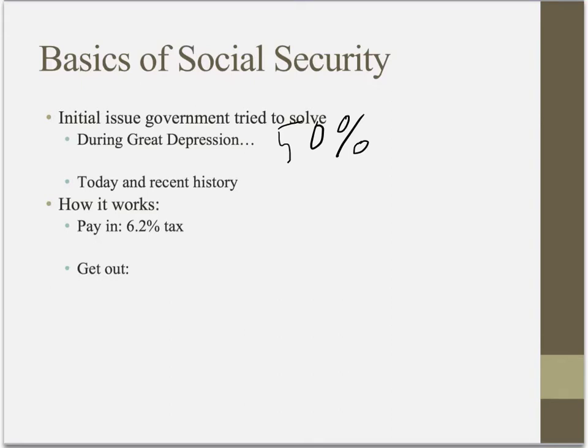So, the goal of FDR's new policy, Social Security, was that all working Americans would pay a small amount of money in during their working life, and then when they retired, the government would pay out. So it was a government-run retirement plan.